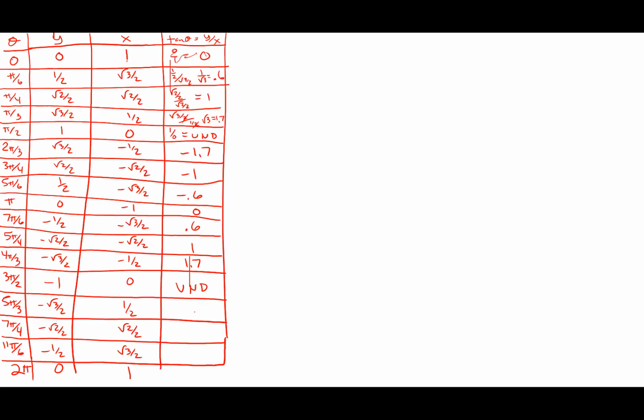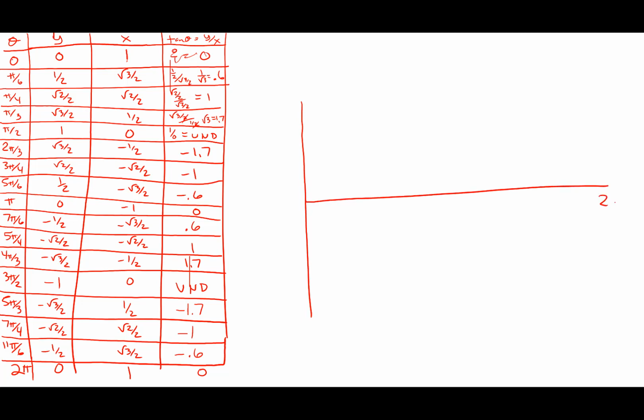And it starts off again at negative 1.7, negative 1, negative 0.6, and back to 0. Okay, that tangent function is a little different there. So can we graph these points?